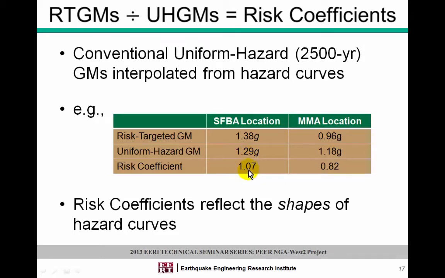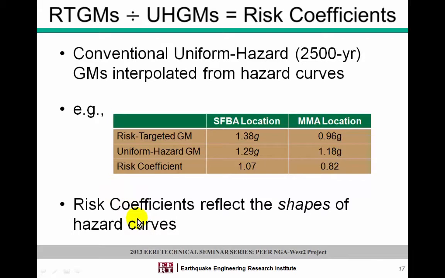So risk targeted ground motions are a little bit bigger than uniform hazard ground motions for the San Francisco location. And then in contrast for Memphis, the risk targeted ground motion is about 1 G, and the uniform hazard is 1.2. So 0.82 is the drop in ground motion if you go to a risk-targeted approach versus uniform hazard approach. So I'll show some of these risk coefficients for other locations in a second, but want to mention one thing that comes up later too.